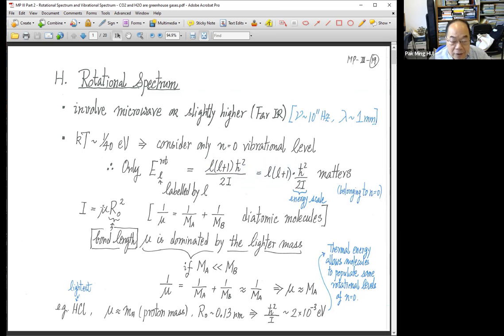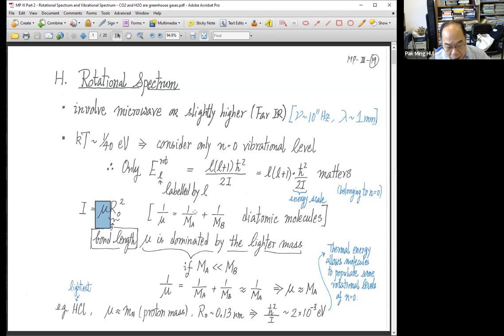With this, we can study or extract some information about the bond length, because the moment of inertia is related to that. The reduced mass, if you know what the molecule is, usually you can estimate it or calculate it more accurately.